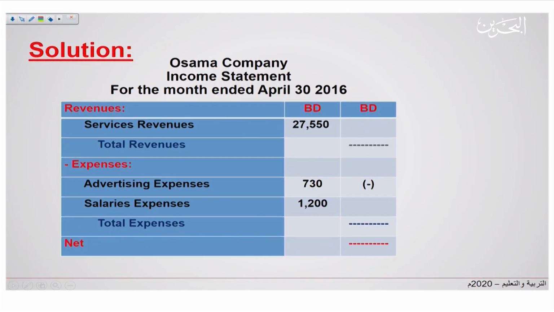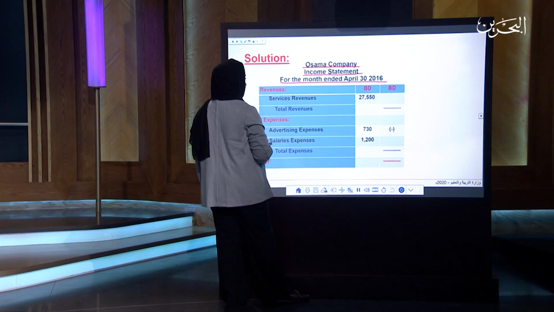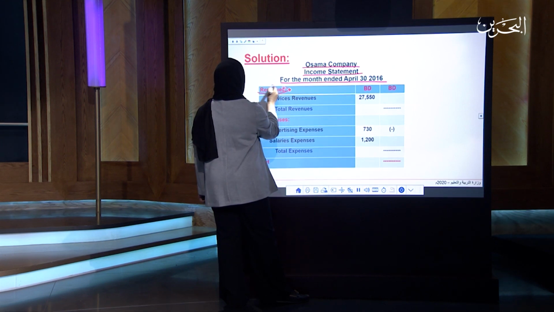In this slide, we have here Osama Company, the name of the company, and we have specified that we are using income statement, and we have written down here the period for this income statement, which is for the month of April 13th, 2016. Here we have listed the revenues.